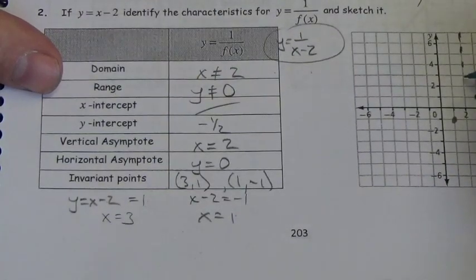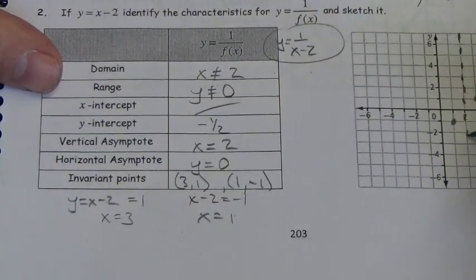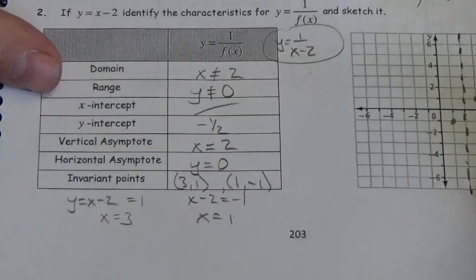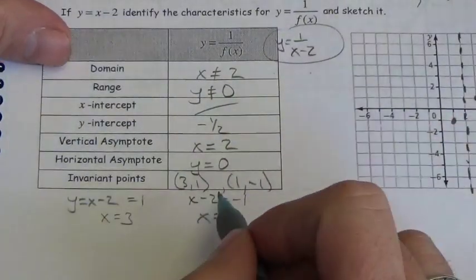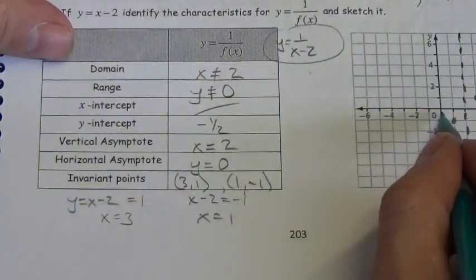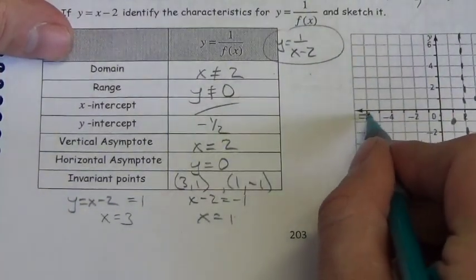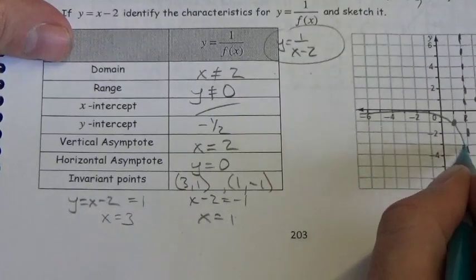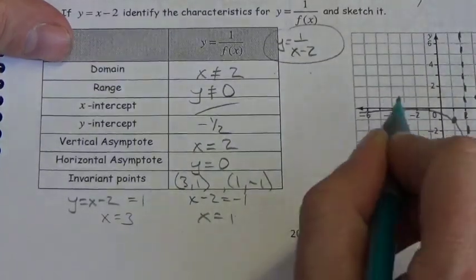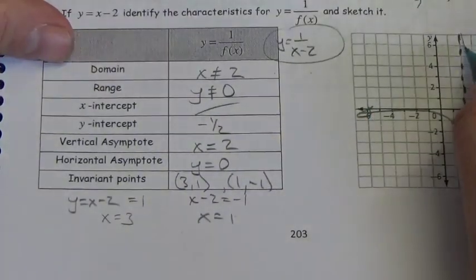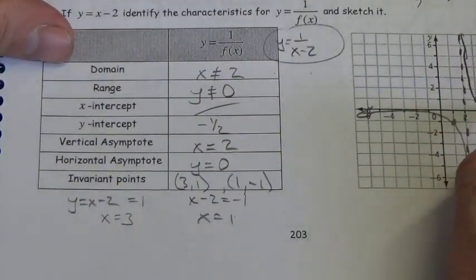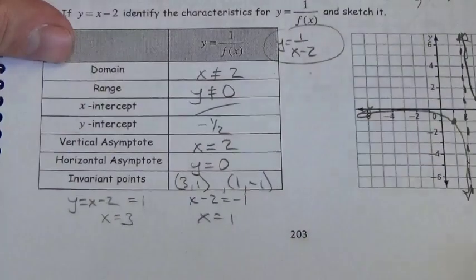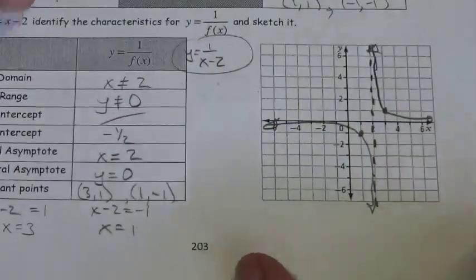I already knew that I would have the vertical asymptote through there at x equals 2. And by the way, I knew that my y-intercept here was negative 1/2. So the graph must look something like this. Slide down, goes through there, and then bends out like that.